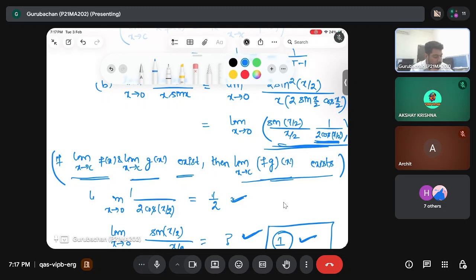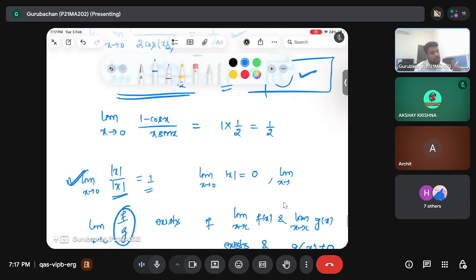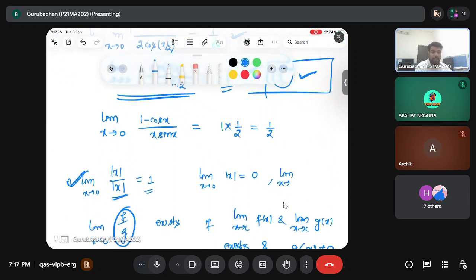I am saying if these two limits exist, then I can guarantee the existence of this product. I am not saying that this product will exist only if these two limits exist. This is not an if and only if statement. I am talking about only one side. Understood? Yes, sir. Clear. If the separate limits exist, then you can say the product exists. But it is not necessary that both should exist. So your example is valid for the case mod x and 1 by mod x, where one is existing and one is not existing.